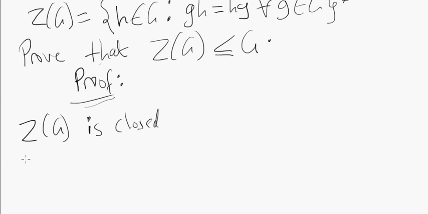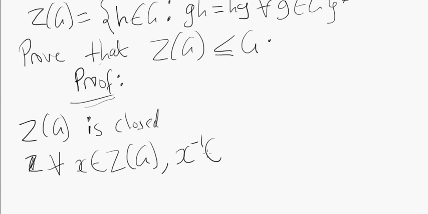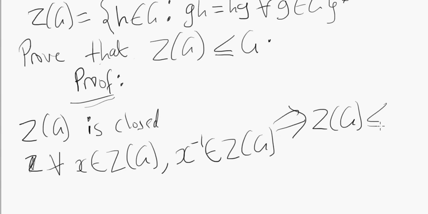And the other thing we're going to do is prove that for any x element of Z of G, its inverse is also in Z of G. If we can prove that these two things are true, we'll have successfully proven that Z of G is actually a subgroup of G.